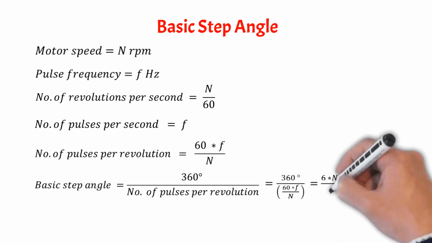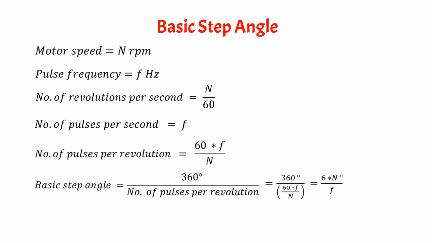Basic step angle is equal to 360 degrees divided by the number of pulses per revolution. An expression for the number of pulses per revolution has been found previously, right? So, the basic step angle is equal to 6 into n divided by f, expressed in degrees.